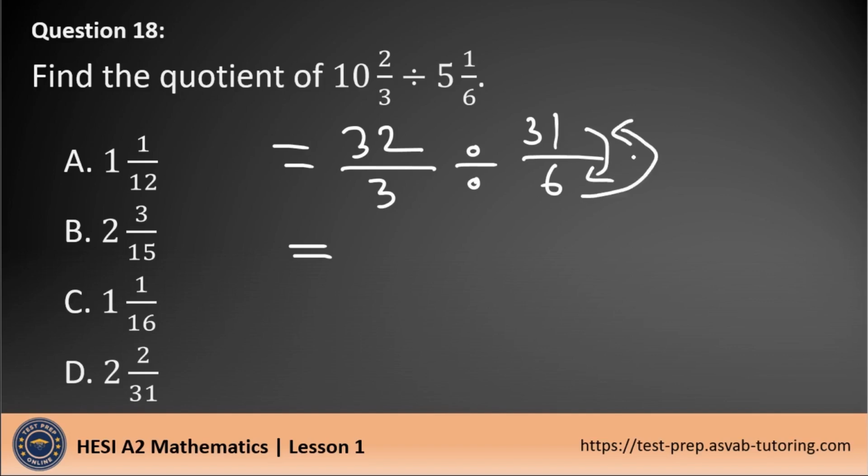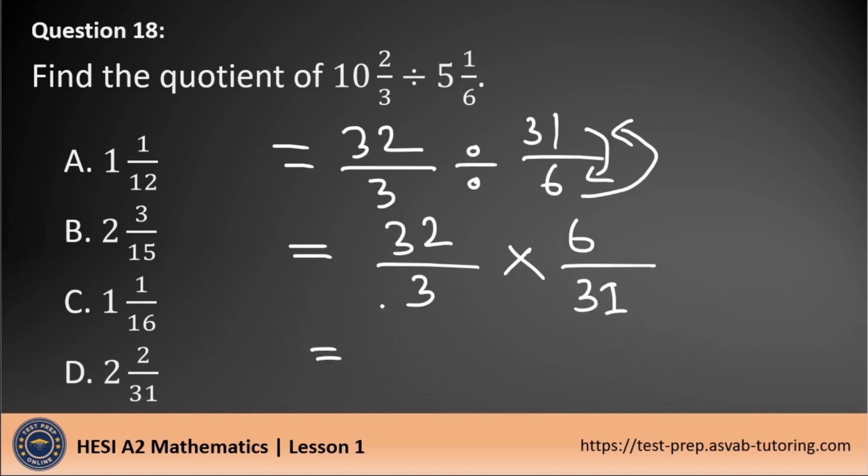32 divided by 3, multiply with, so the 6 will go up and 31 will go down. Now here 3 divided by 6 equals 2. So here 32 divided by 3 into 1 and multiply with 3 into 2.